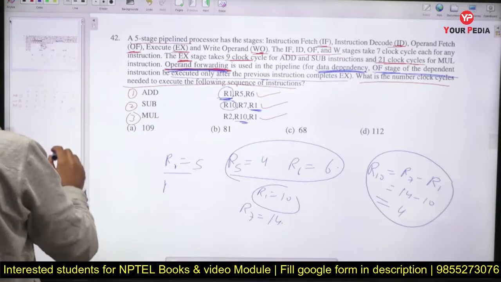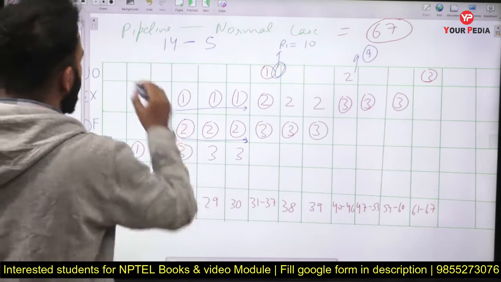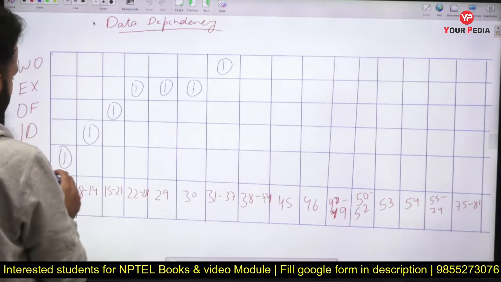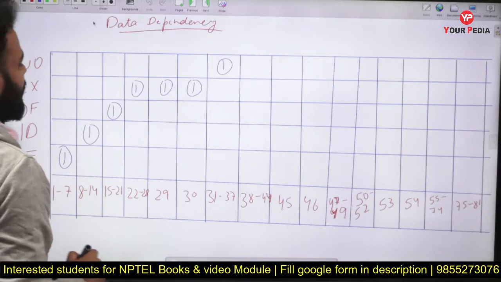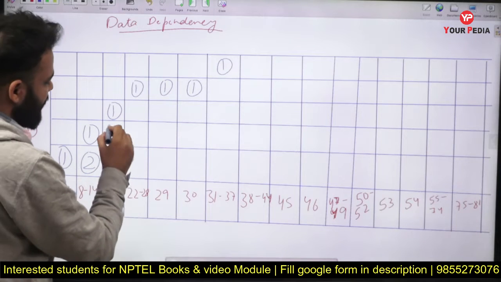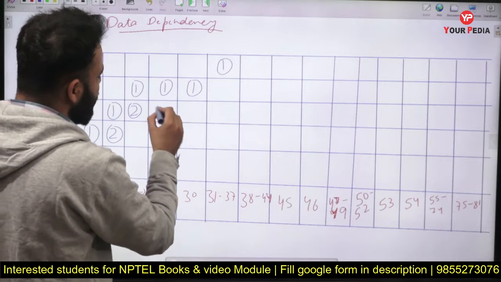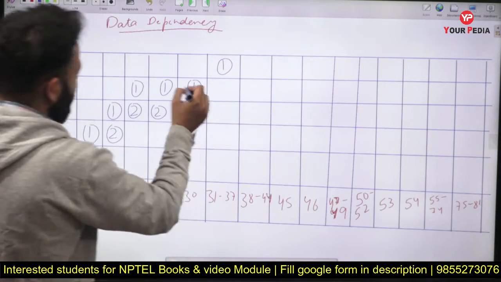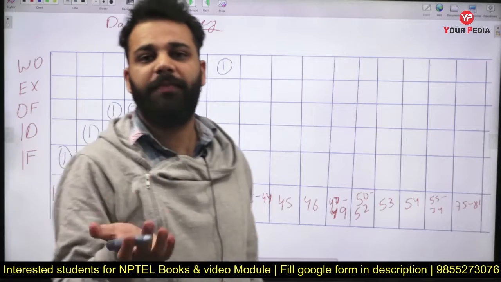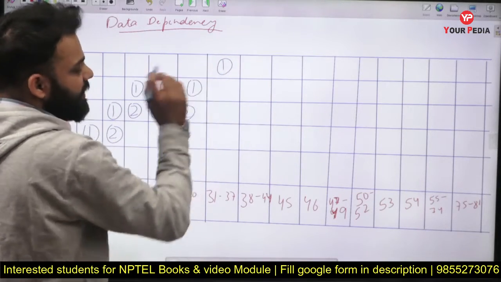So you don't need to wait till the write back is over. You can fetch the operand when the execution stage is done. So you will perform the second instruction here. Now you will not start the operand fetching till the execution phase of the previous instruction has been done. So when the execution is done, R1 will be 10 for this.